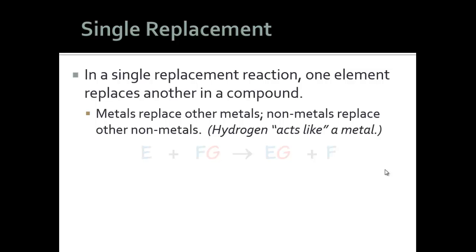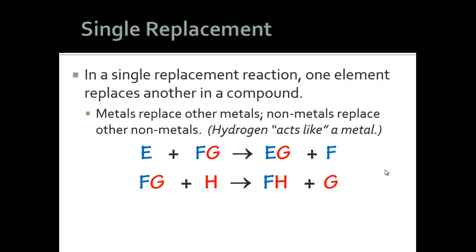Our general equations, there's actually two of them, can look kind of like this. E plus FG, some element E plus some compound FG, will yield a compound EG plus the element F. The reason that those are specifically colored the way they are is that the metals, in this case, are colored in blue, and the nonmetal G is colored in red. As E comes in, it'll bump out the F, the metal, and not the G. It'll take the place of the element that it is most like.